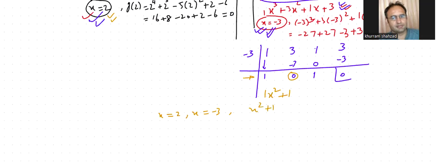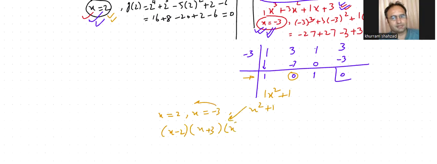If you take this 2 on the left side, this will become x minus 2. Now we will write this in brackets. And if you take this negative 3 on this side, this will become x plus 3. Now I will write this one here within brackets, x squared plus 1.